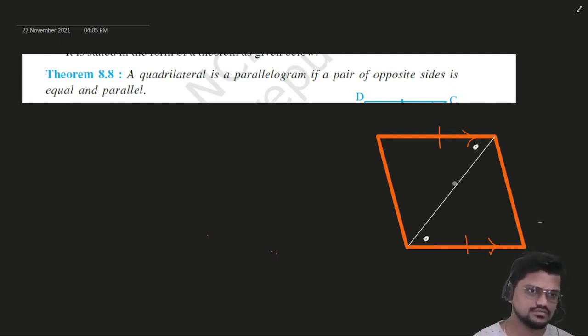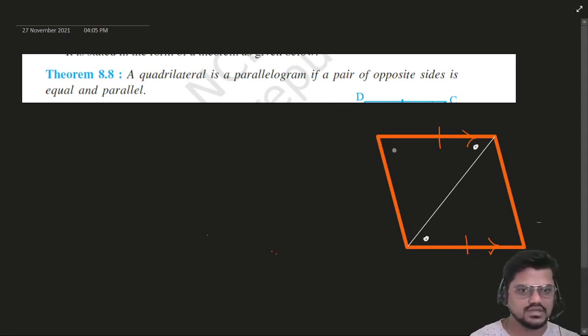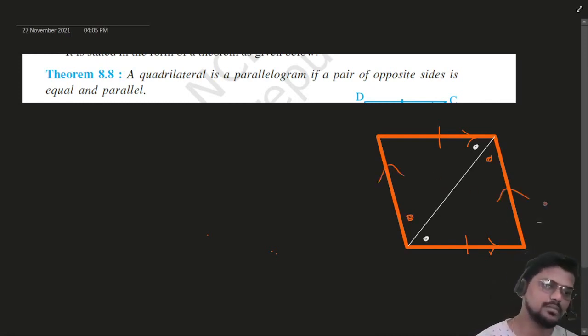SAS test. Right? And if the two triangles are congruent by SAS, all the corresponding angles will be equal. That means this angle will also be equal to this angle. Now if this angle is equal to this, then these two lines will be parallel by the converse of alternate angles.